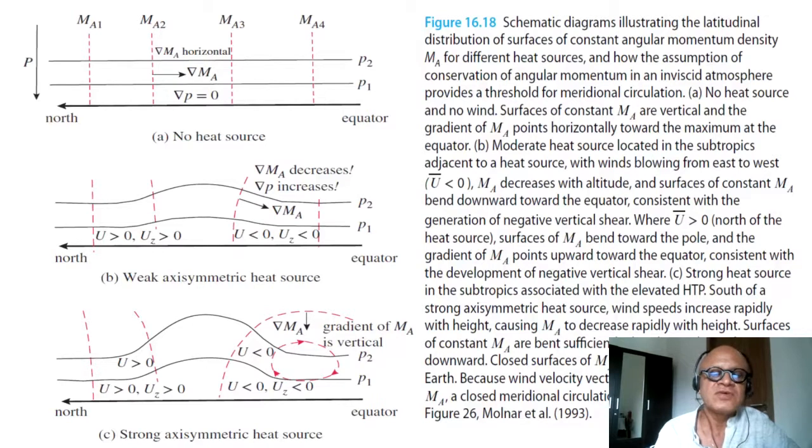At least heuristically, with this simple argument, steady state zonally symmetric flow, we can argue that the heat source has to be so strong that it's going to lift the surface and distort the angular momentum lines and create angular momentum parallel to the ground surface and create an angular momentum gradient towards the ground, and then give us this thermally direct circulation with rising air towards the heating, divergence, and then sinking ahead of it towards the equator. This scale obviously is determined by how strong this heating is.